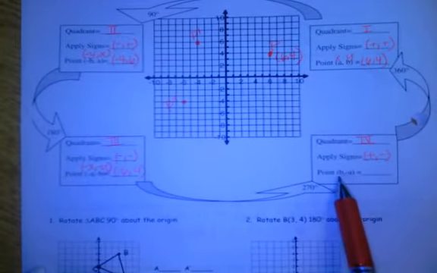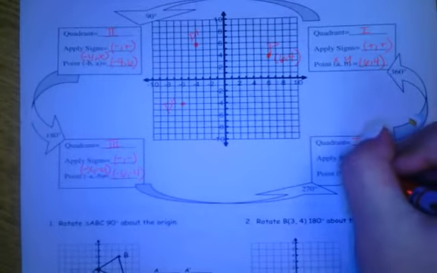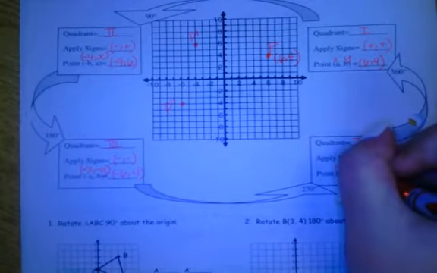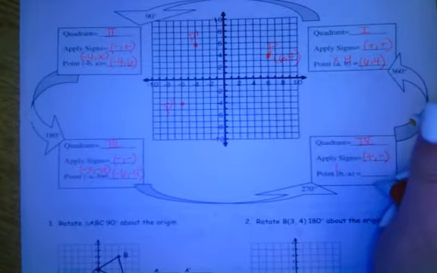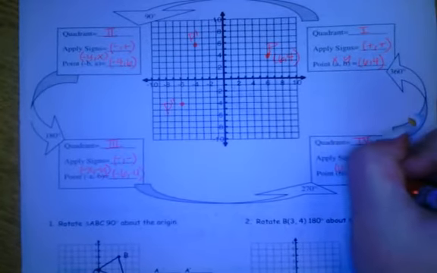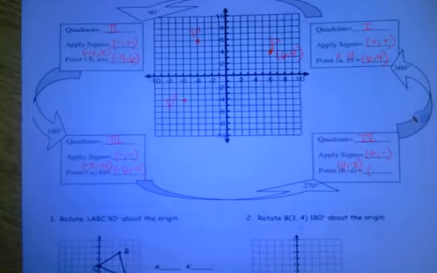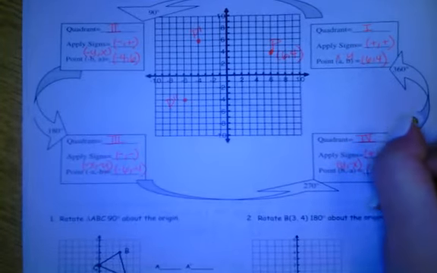Okay, our point is B, comma, opposite A. Put that in terms of X and Y, and what do we have? Y, negative X. And then our point P triple prime is going to be what? 4, negative 6. So plot that point.